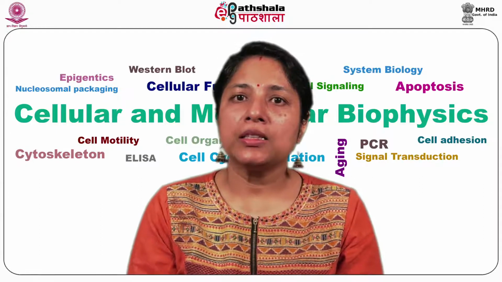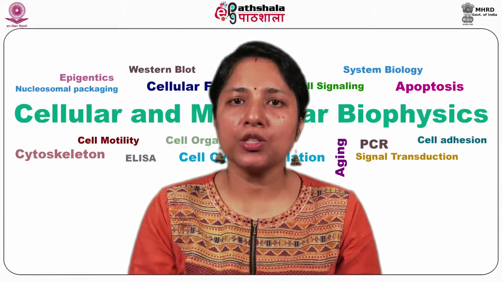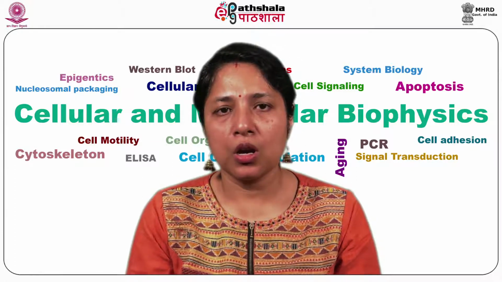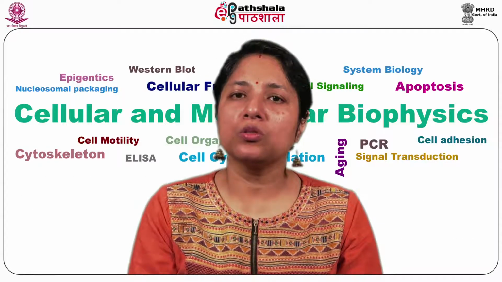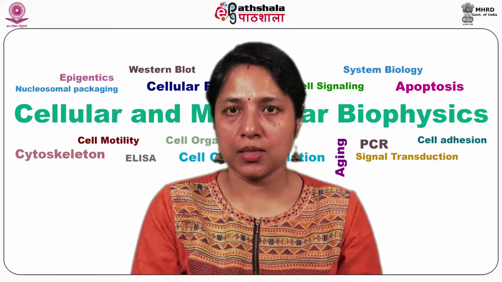Number 4, the genetic information that is passed on from one generation of cells to the next is carried by chromosomes. Chromosomes are made up of DNA, which carries the cell's coded genetic information, and an assembly of DNA and proteins. The two important routes through which cells divide and reproduce are mitosis and meiosis.